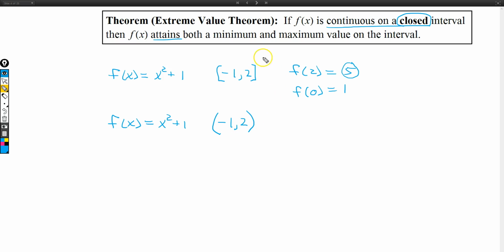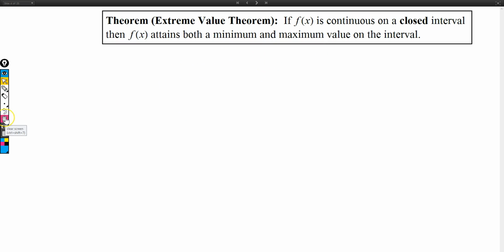And so that's why for the extreme value theorem we require that the function be defined on a closed interval. And it also has to be continuous for this result to hold, for f to actually attain its minimum and maximum values. All right, so that illustrates the extreme value theorem, as well as the concept of what an extrema is for a function over an interval.